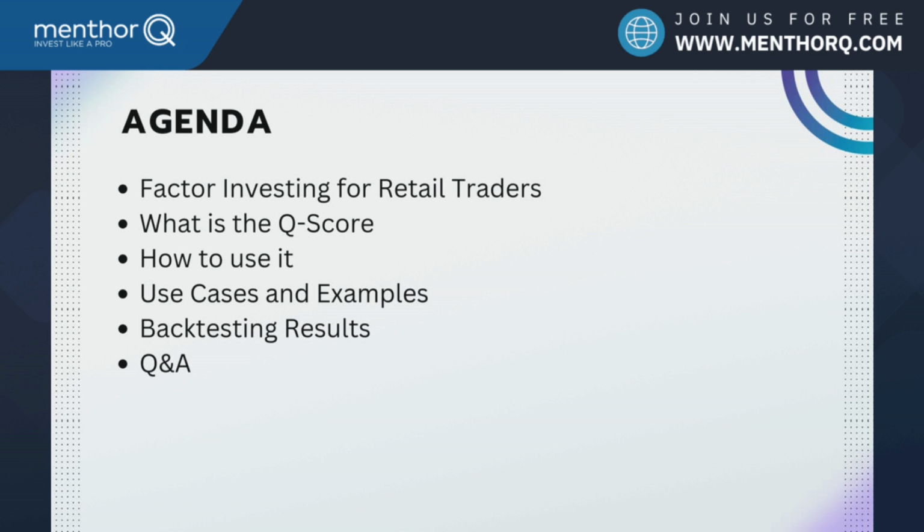We will go over our screeners, and we will also go over backtesting results, strategies, and how we can create a strategy based on a quantitative factor like the Q score. At the end of the session, we will also have a Q&A, so please send us all your questions in the comments and we will answer them at the end.